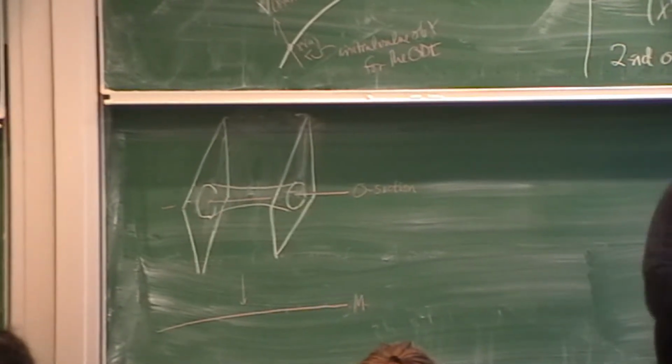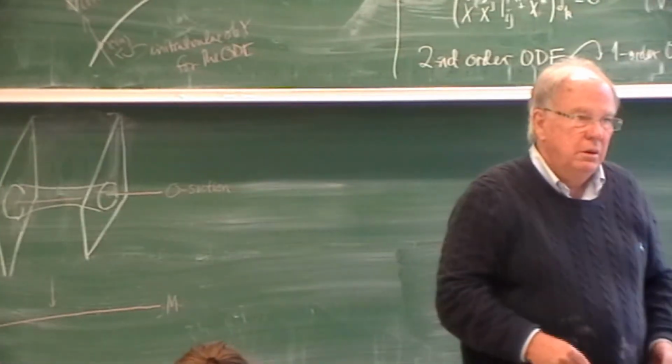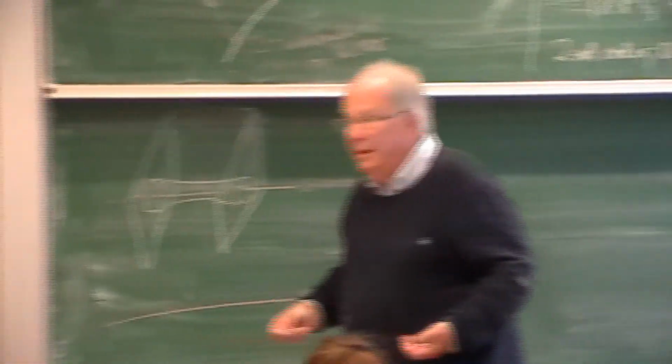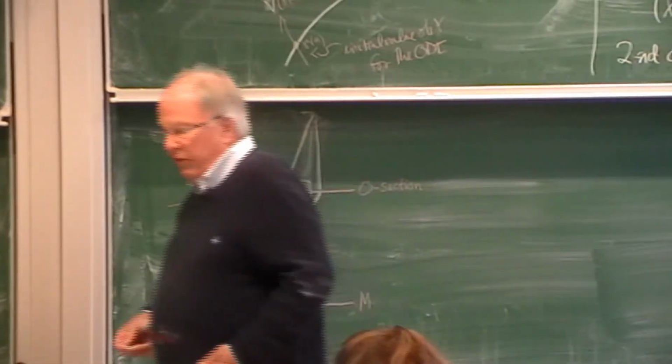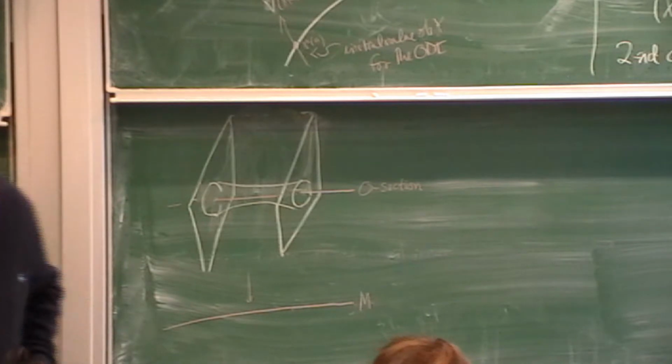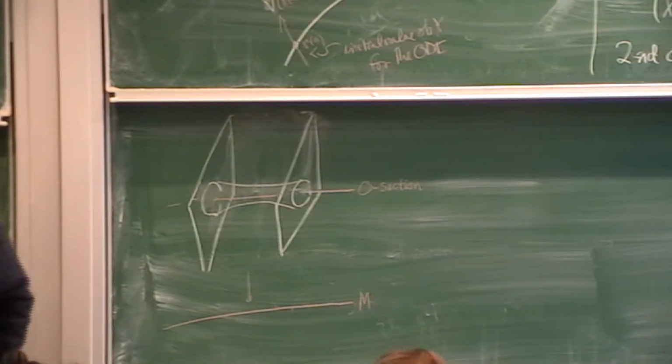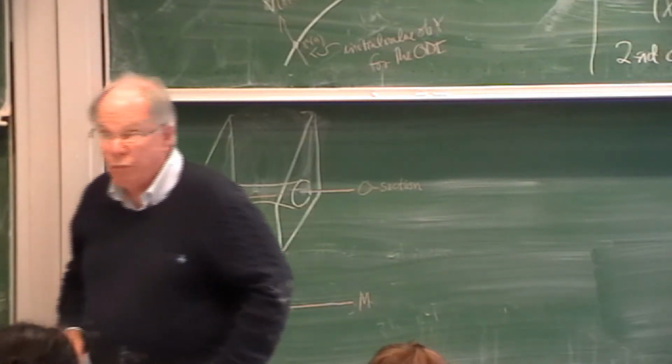So you have the tangent bundle, you have the ODE on the tangent bundle, and in fact, one of the key facts which I'm going to mention almost immediately is that there will be in our considerations an invariant sphere bundle for the flow.